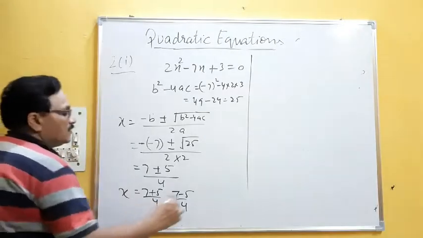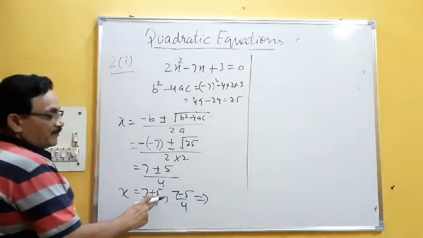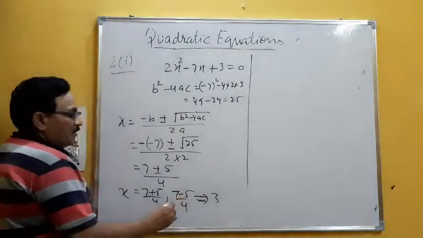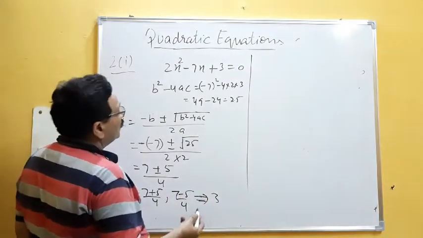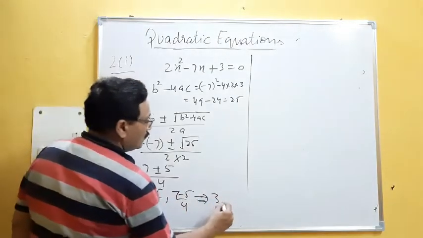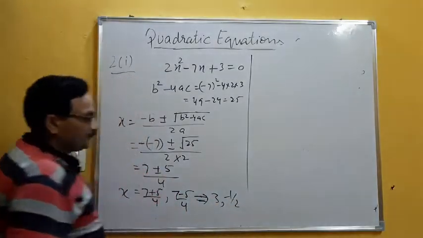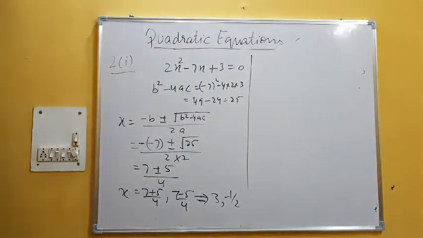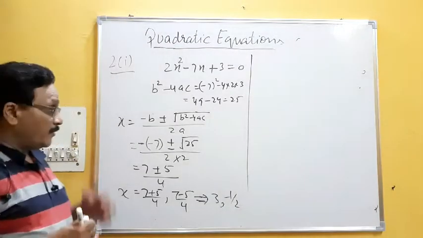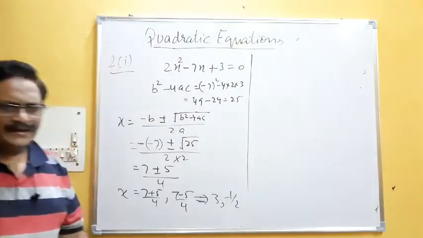This is giving you x. When you solve, 7 plus 5 is 12 upon 4, which is 3, and 7 minus 5 is 2 upon 4, which is 1 by 2. You can check your answer from the first question which we solved by completion of square. Okay?